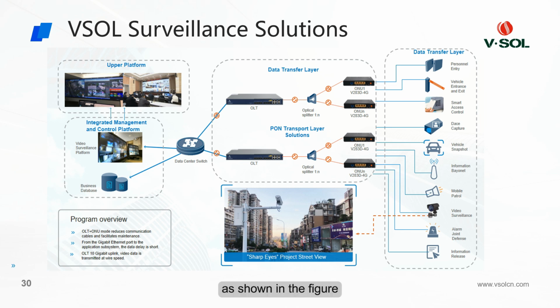As shown in the figure, the SharpEye's project is divided into a central management platform and a front-end data collection layer. The front-end data collection layer includes a video surveillance subsystem, vehicle or personal entrance or exit subsystem, intelligent entrance guard subsystem, face or vehicle capture subsystem, alarm joint defense subsystem, etc., which are connected to the upper-level platform through the integrated interface.